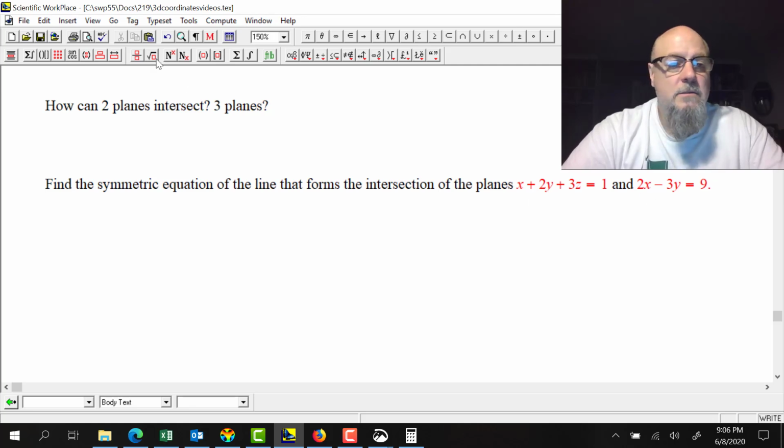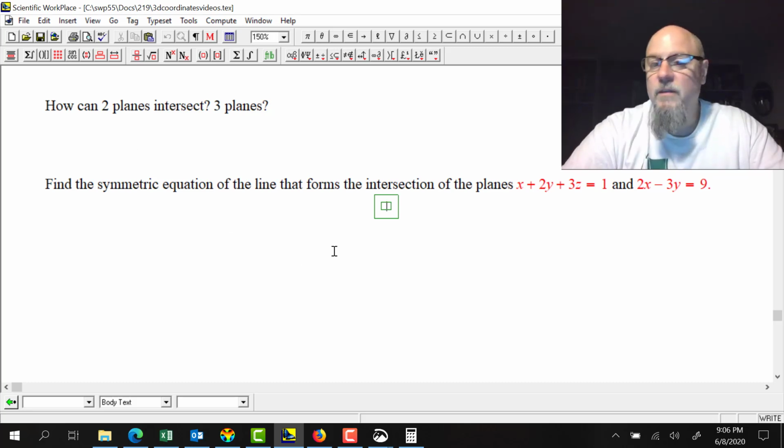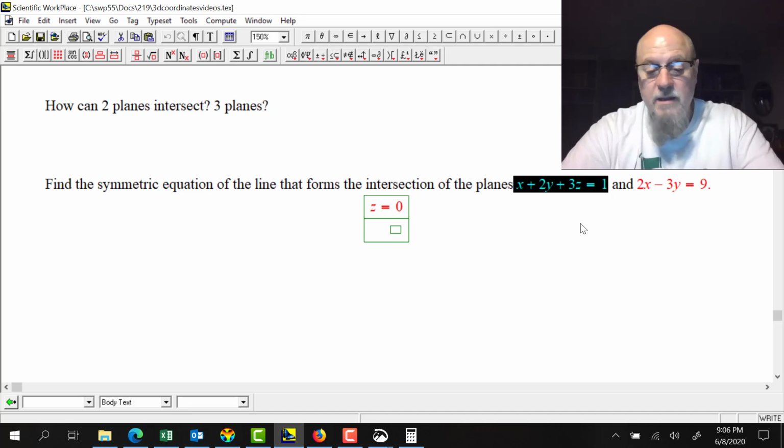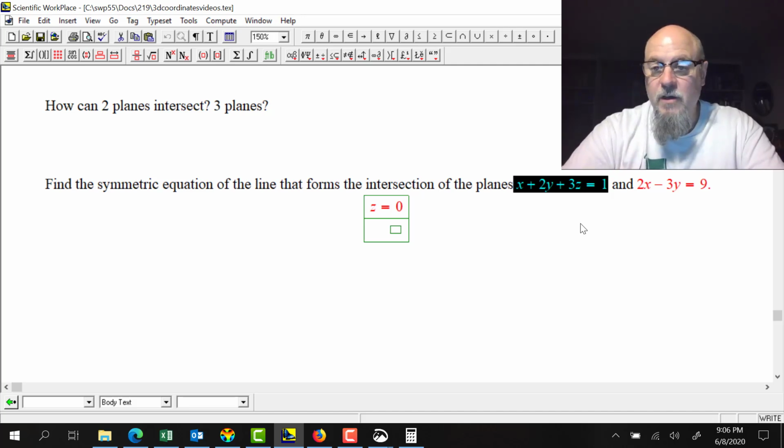Right now I'm just looking for a point on the line, a point that's on both planes. So I'm going to choose z equals 0. Then I just need to find the xy that fits on both planes when z is equal to 0.